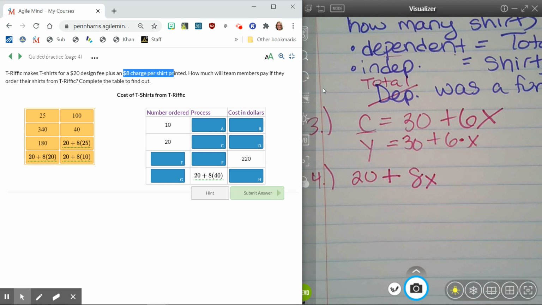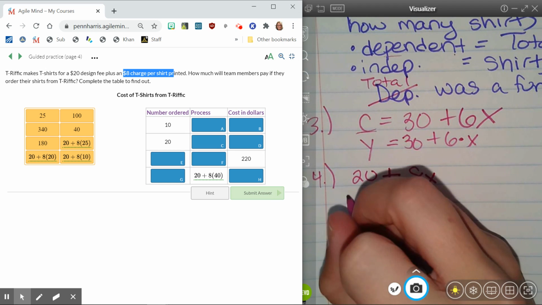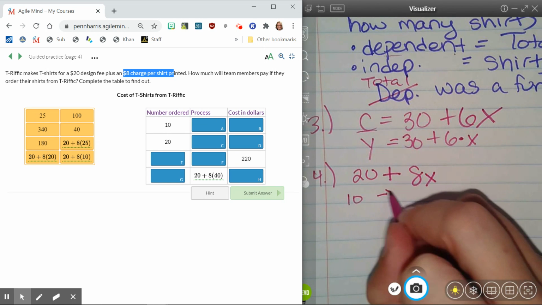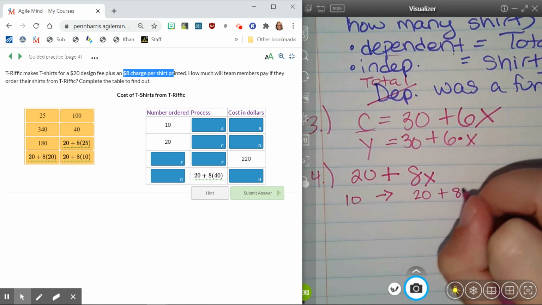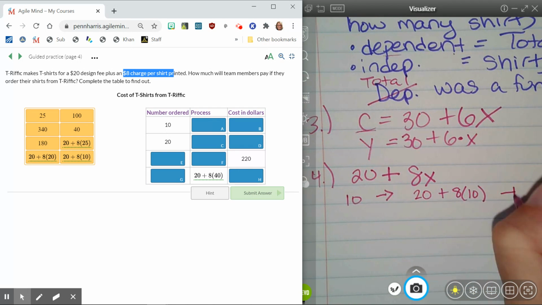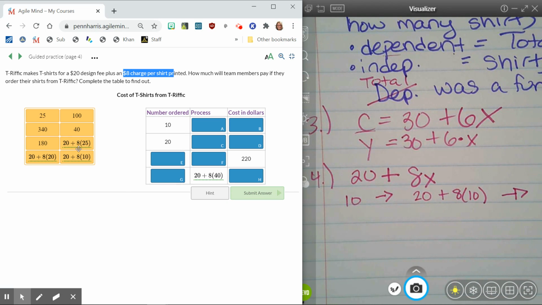So if we complete this table, when we talk about 10 shirts, the process I'm going to go through is $20 plus $8 per shirt, which is going to give me a grand total of $100. 8 times 10 is 80 plus 20 is 100.